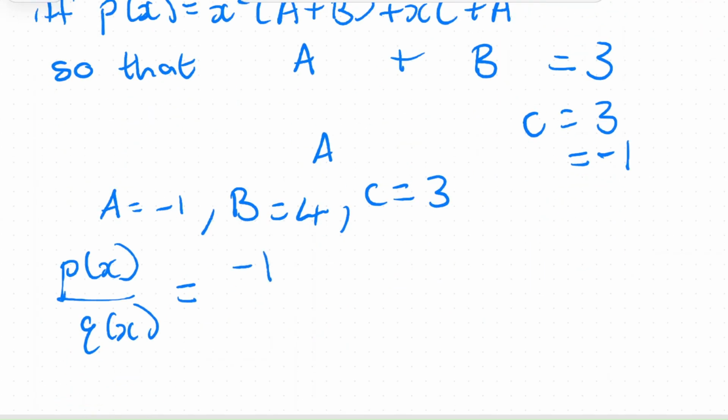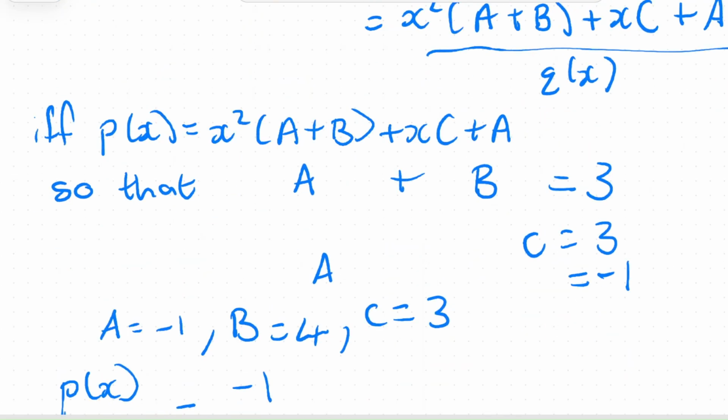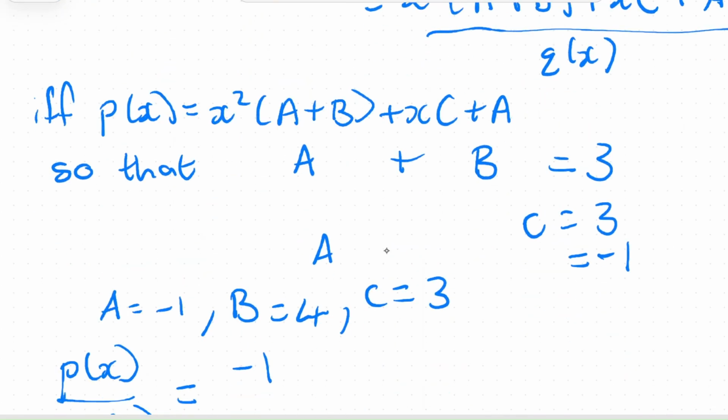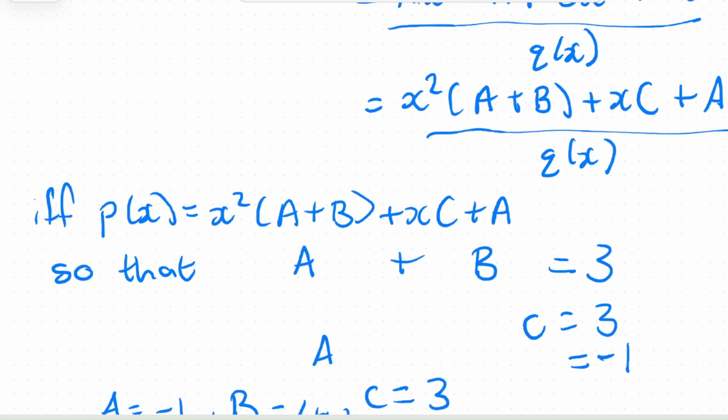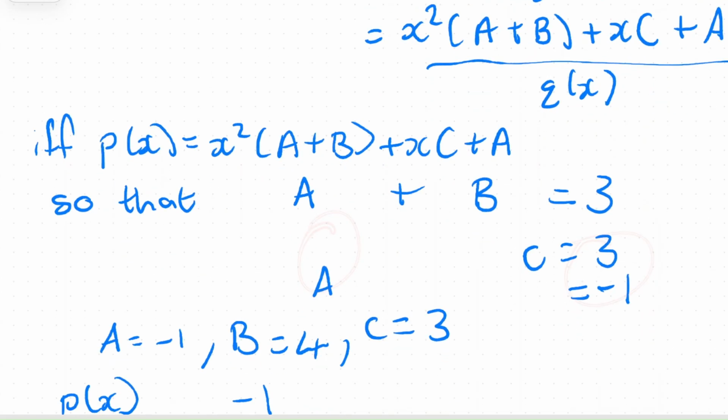So remember, we know that p of x divided by q of x is going to be equal to minus 1, because we know that a is equal to minus 1. And then we see over here that cx, we know that c would be 3, so that would be 3x. Let me write that down properly, 3x. And then we see that the constant a would be minus 1.